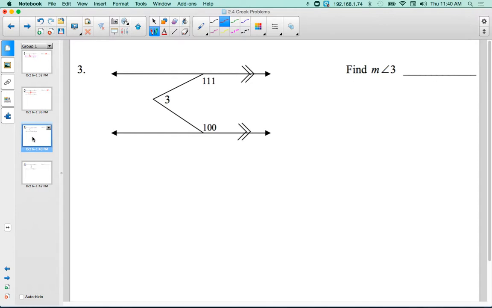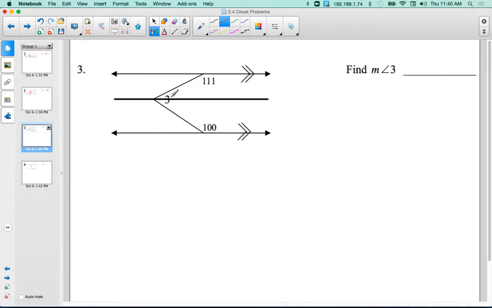All right. Here's one where we can use two same side interior angles. So there's our third parallel line. We've got 111. Let's see, what angle would make that supplementary with 111?